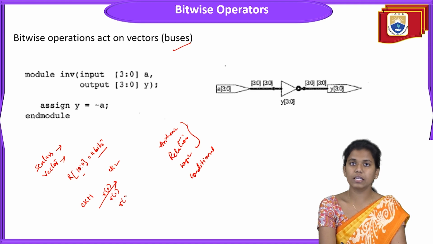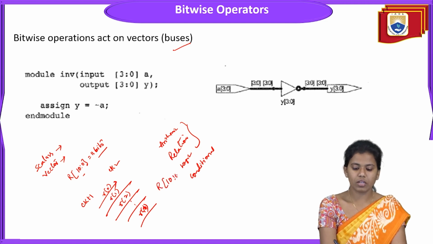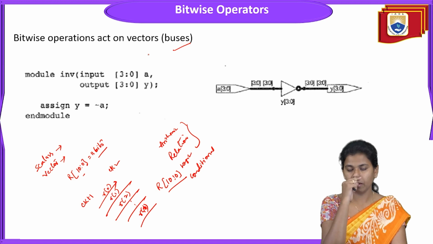If you are transferring from 0 to 10, this is nothing but a vector. All the bits I'm storing in a register, that is 10:0. So this is what we observe when it comes to bitwise operations on vectors.